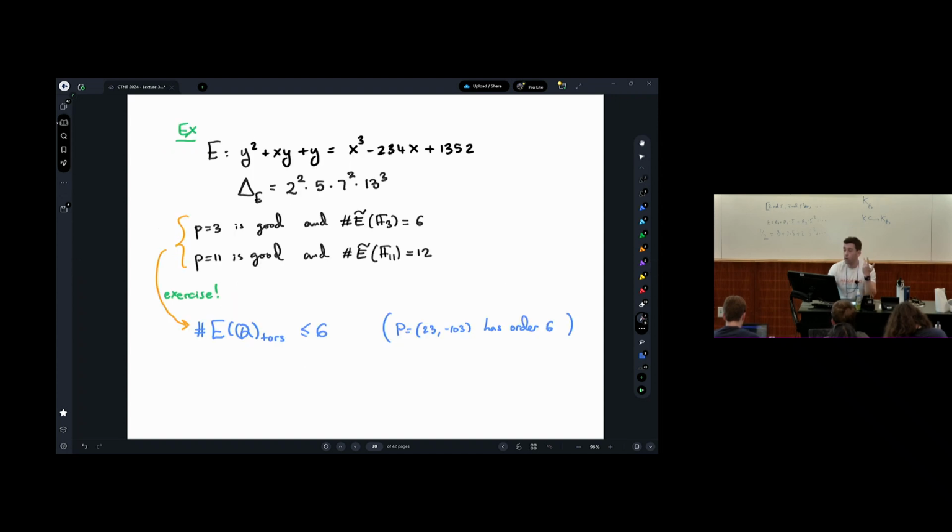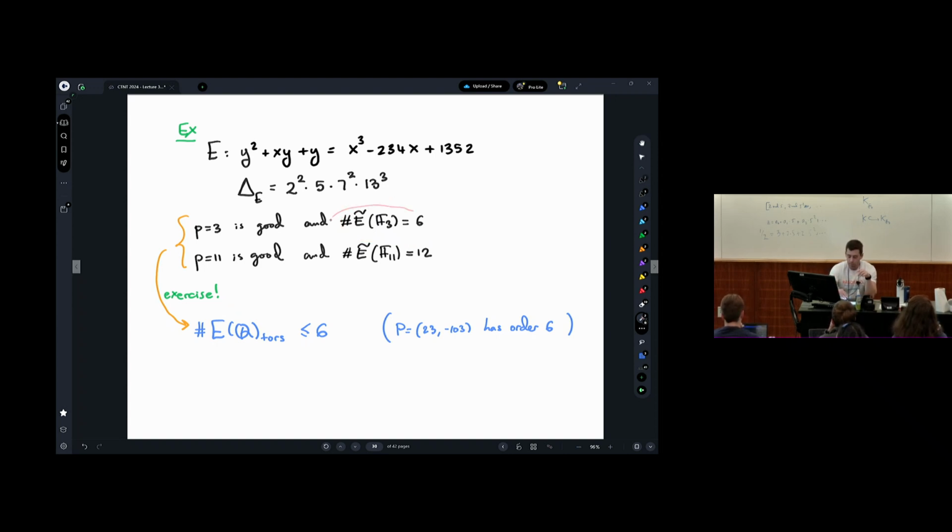So for the elliptic curve from the fruits example, the discriminant is this, 2 squared times 5 times 7 squared times 13 squared. So 3 doesn't divide the discriminant, so 3 is a good prime. So I can use that theorem, and by counting, I see that there are 6 elements over F3.